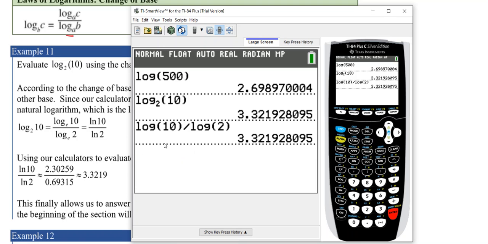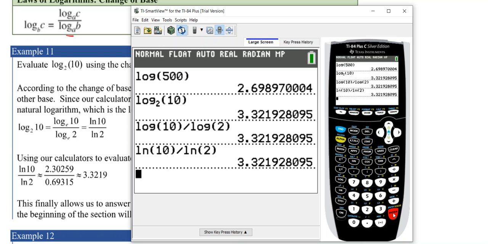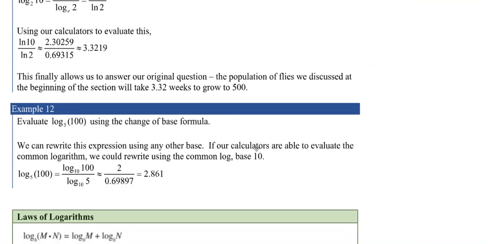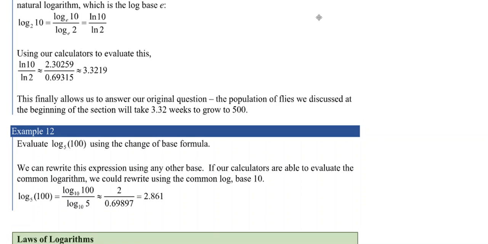Let's just try it: the natural log of 10 divided by the natural log of 2. And I'm expecting we're going to get the same answer. And there you go. So all of those are equivalent, different ways of doing it. Okay, so I'm going to leave that one there.